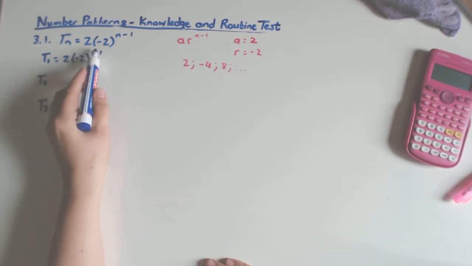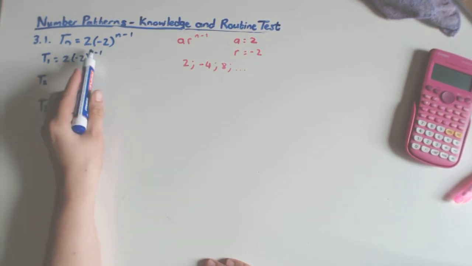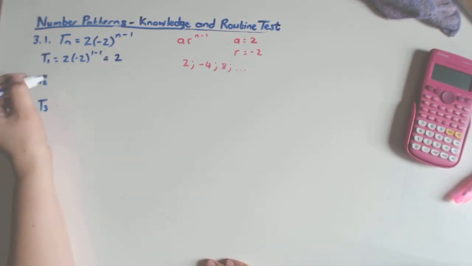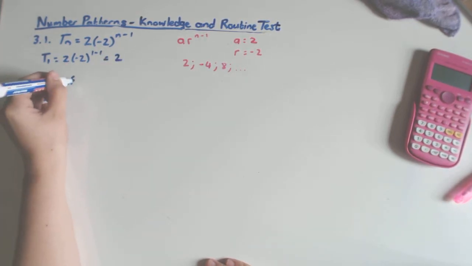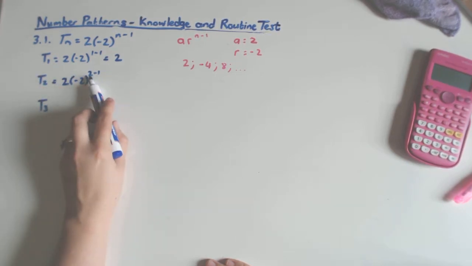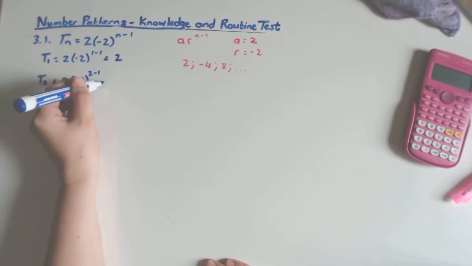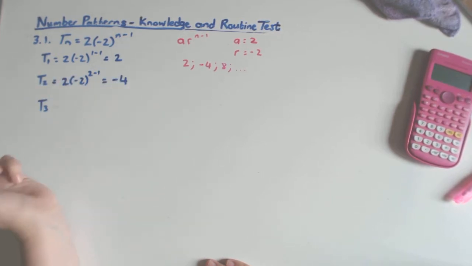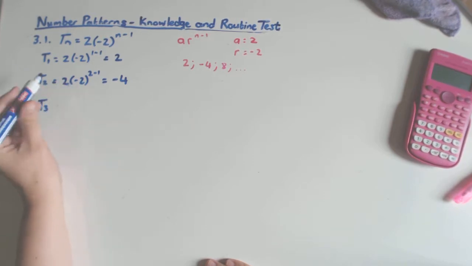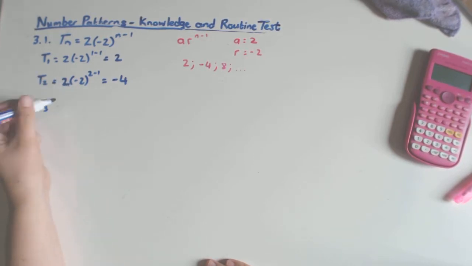So this is to the power of 0, which is 1 then. 2 times 1, or you can use your calculator. This gives you 2. And 2 times minus 2 to the power of 2 minus 1. I just make the n value 2 now. This is minus 4. You can use your calculator or your head, depending on which one you trust more.